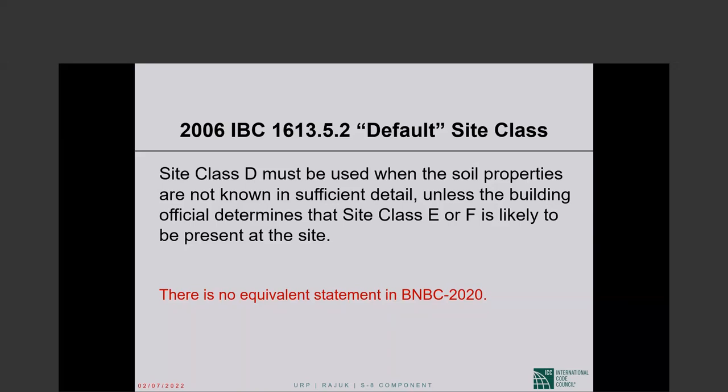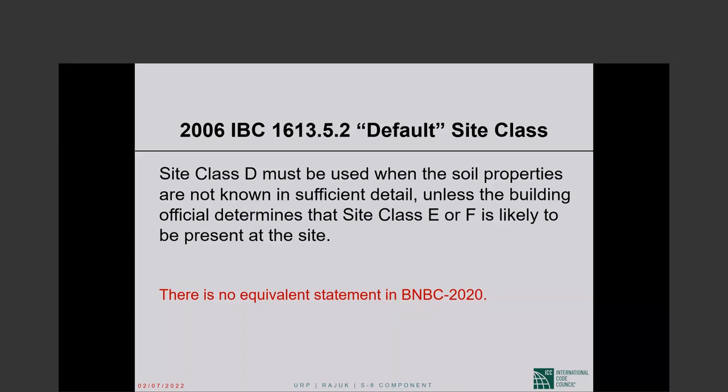And that makes it important that there be a default site class where there are no soil property measurements. Then what is the site class? And this is what it is about. Site class D must be used when the soil properties are not known in sufficient detail, unless the building official determines.